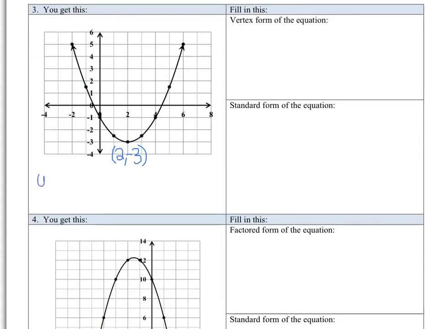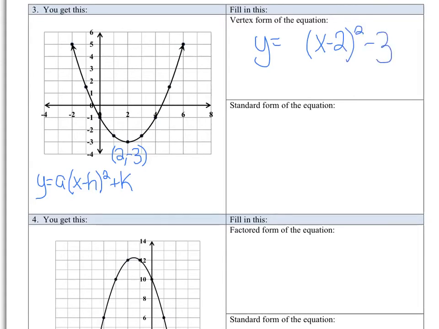We know our shell is going to be y equals a times x minus h squared plus k. And we know that our vertex is 2, -3. So we know that part of our equation is going to be y equals some number a times x minus 2 squared minus 3.